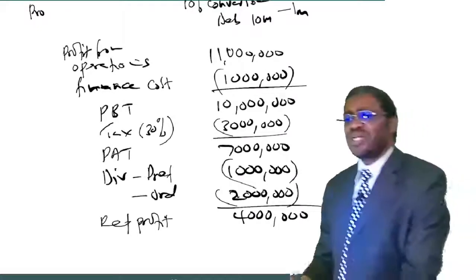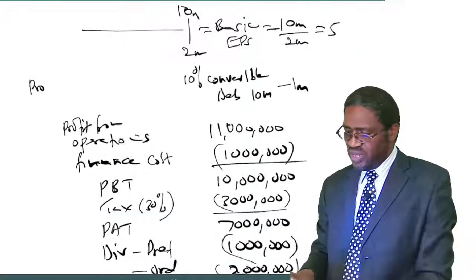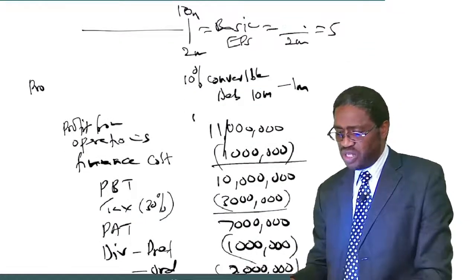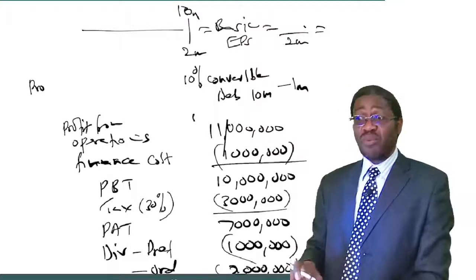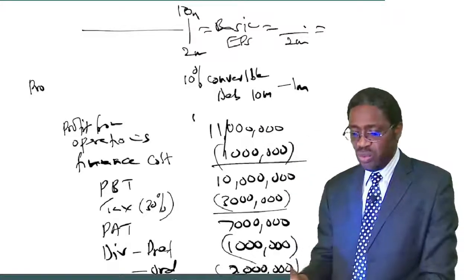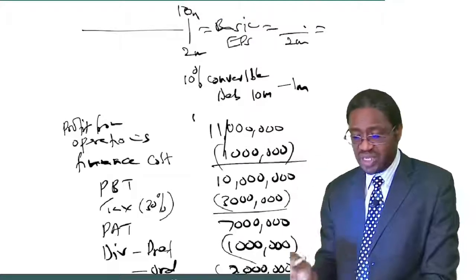Let's assume now you are required to compute the basic earnings per share. Last time when we were computing the basic earnings per share, we said, how do we get it?